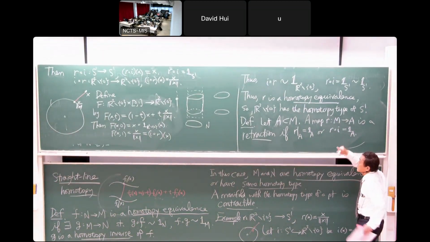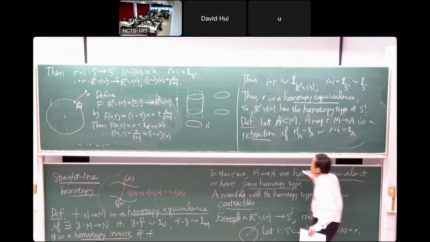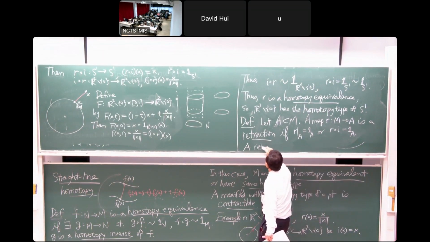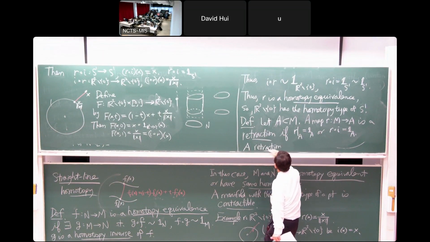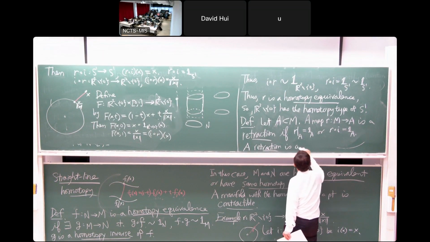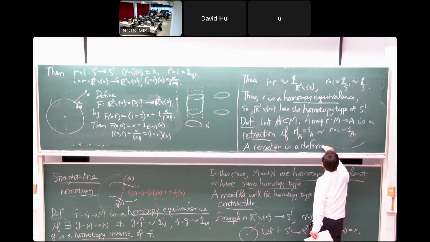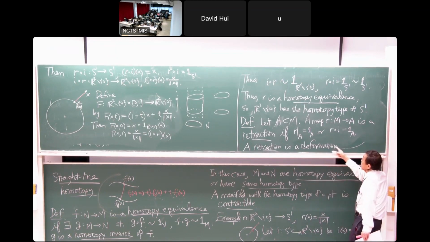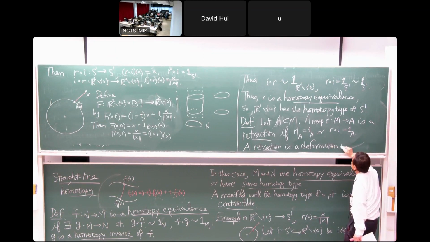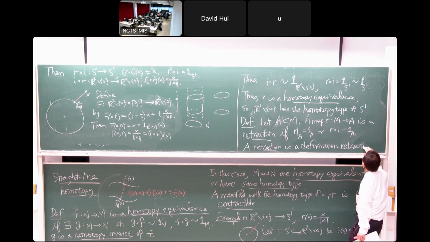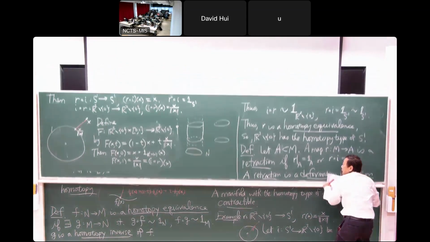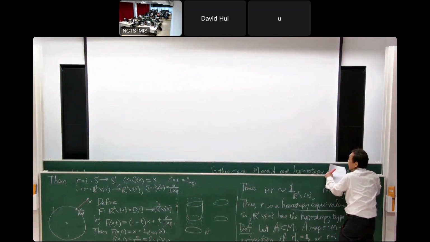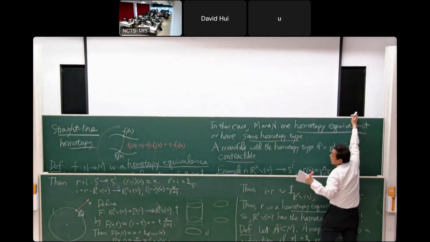And then a retraction is a deformation retraction if, taking the composition in the other direction, you have something that's homotopic to the identity.